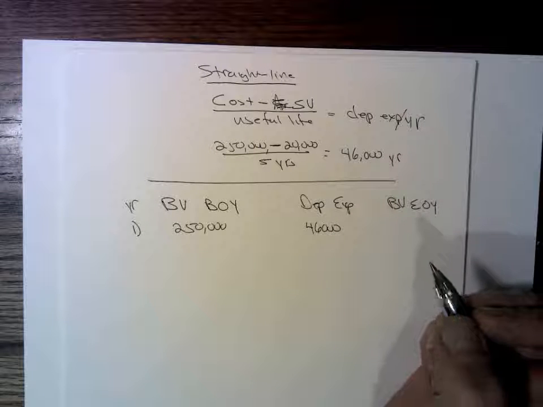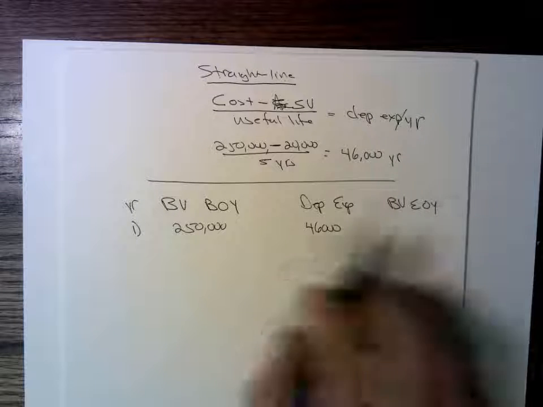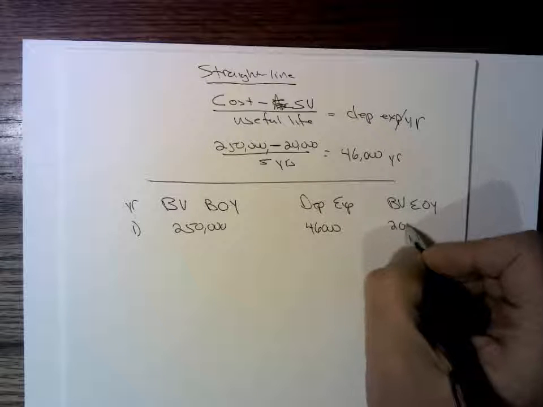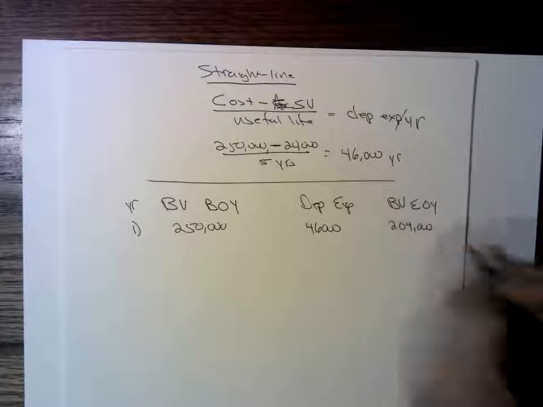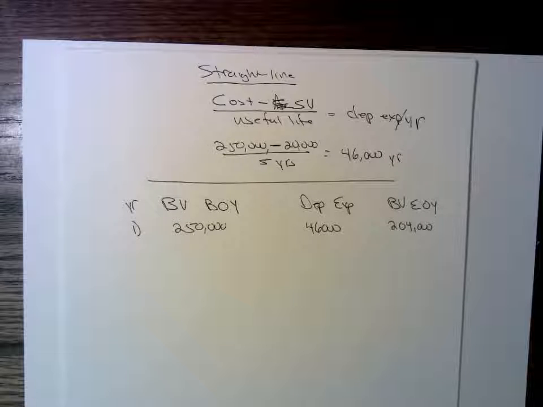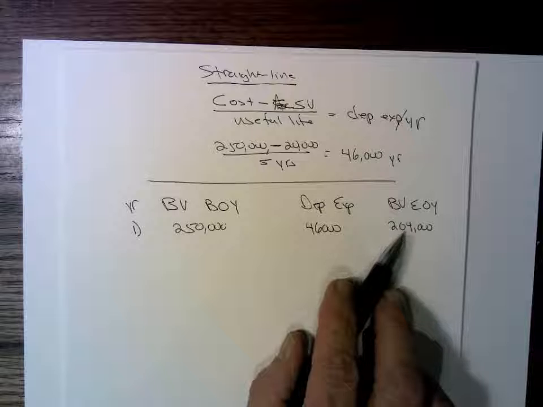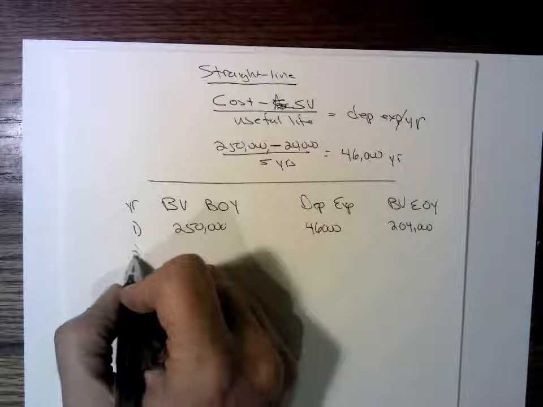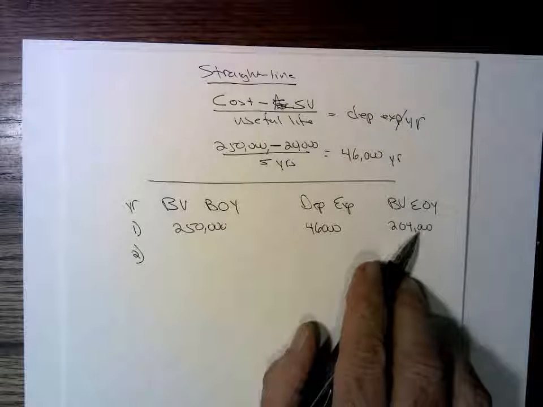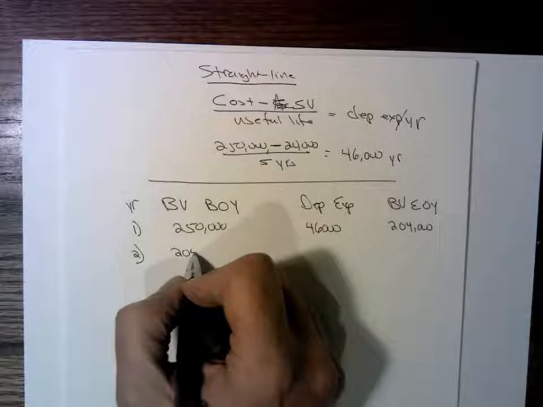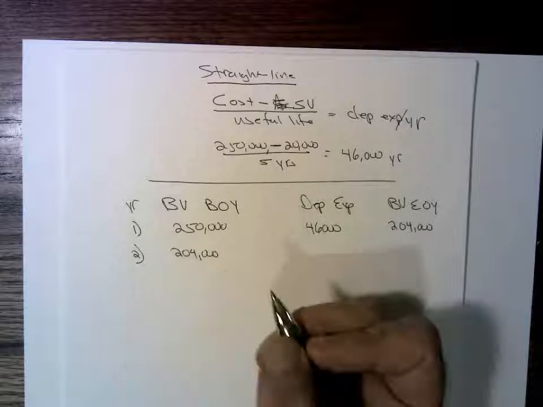So at the end of the year, I will have depreciation of $46,000, so that my book value is now $204,000, right? So what we started with, what we've used up this year, and now this is the remaining usefulness of this thing, right? So if that's my book value at the end of year one, it must be my book value at the beginning of year two, right?